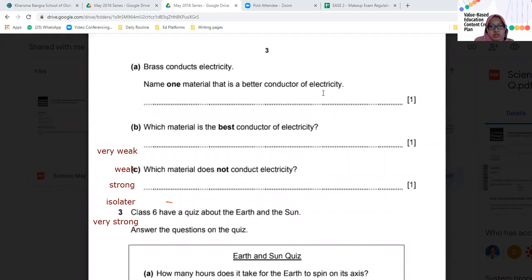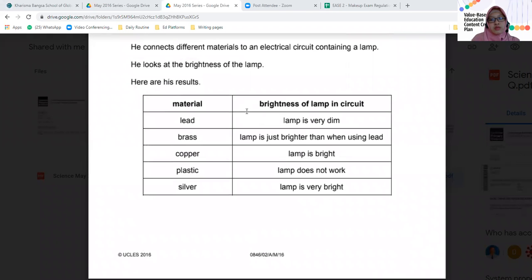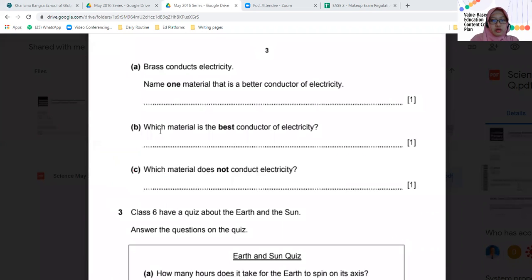So the question is: brass conducts electricity. Name one material that is a better conductor of electricity. The materials that make the lamp brighter than brass does are copper and silver.